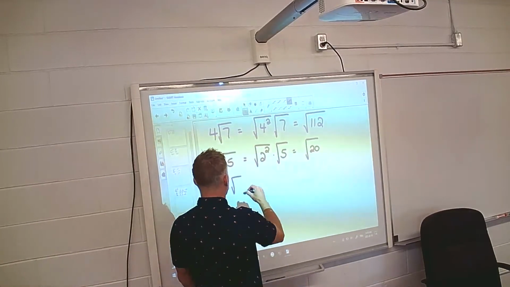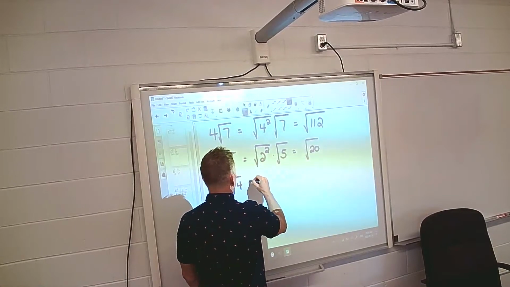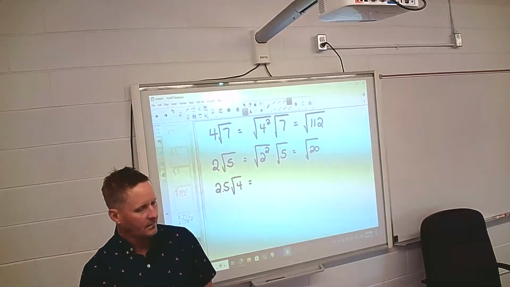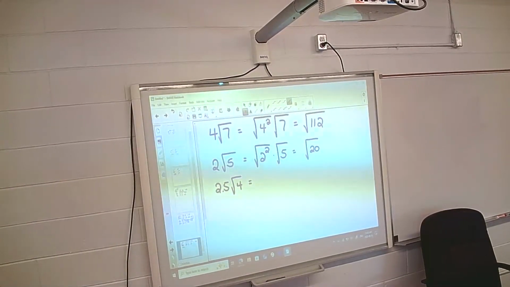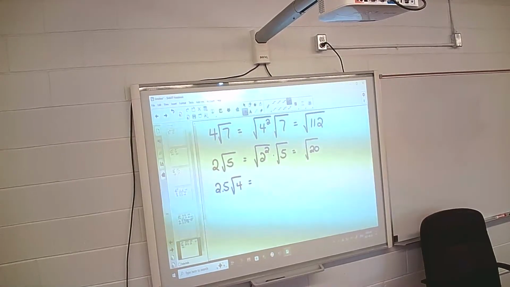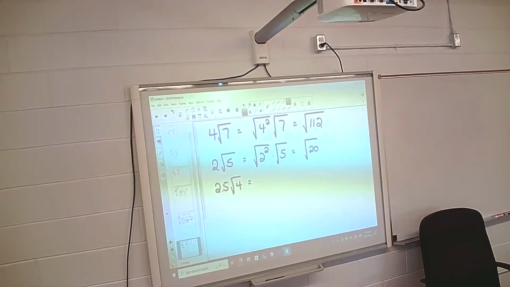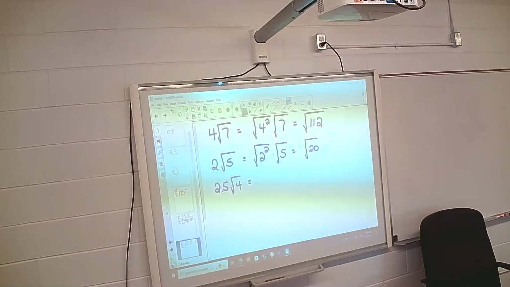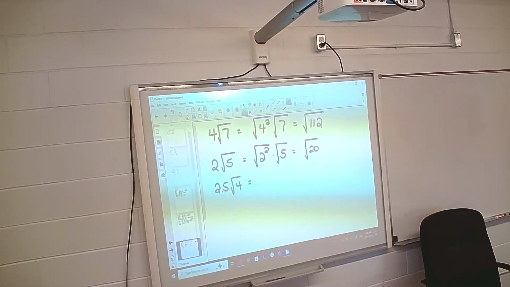All right, this one's tricky. I'm going to do it differently than the book because I want you to see something. What do you notice about that? It's a decimal. Okay, so there's the first thing that I noticed. So what am I supposed to do here to get it to an entire radical?